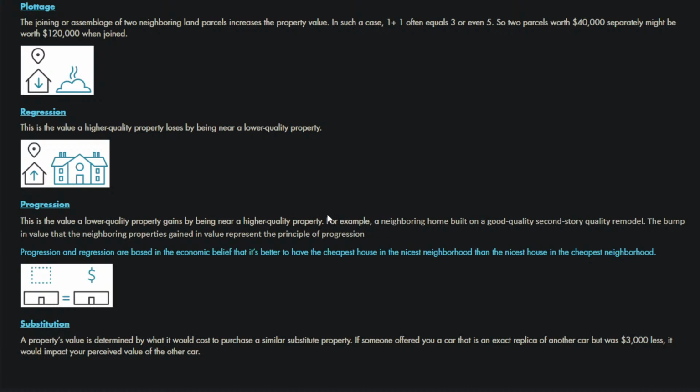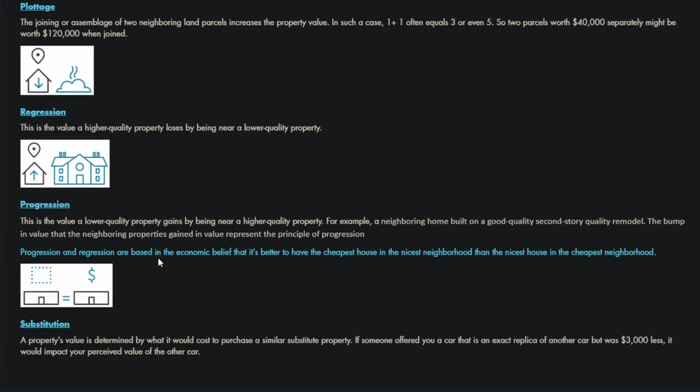Okay, I get that. For example, a neighboring home built on a good quality second story quality remodel. The bump in value that the neighboring properties gained represents the principle of progression. Okay, so if I fix up my house, your house benefits.